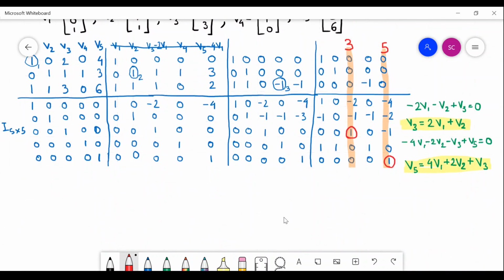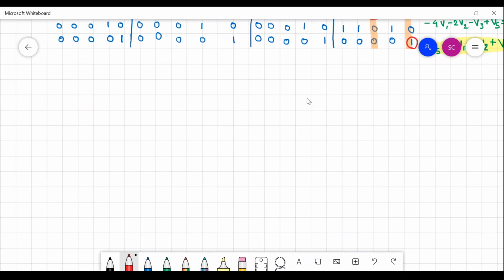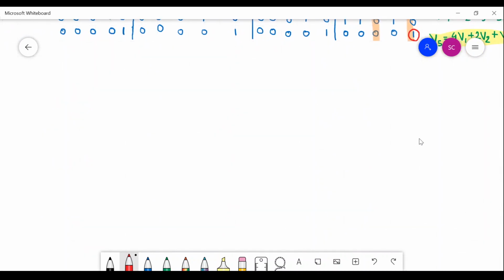So let us try to verify this by doing column operation on another set of vectors. Let us take the vectors v1 equals 1, 2, 3.